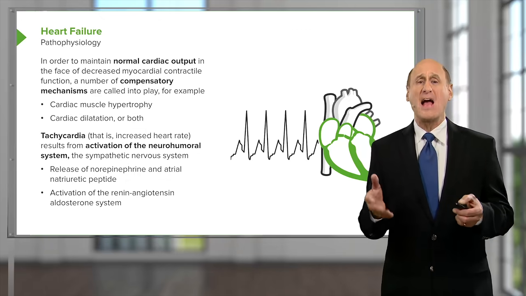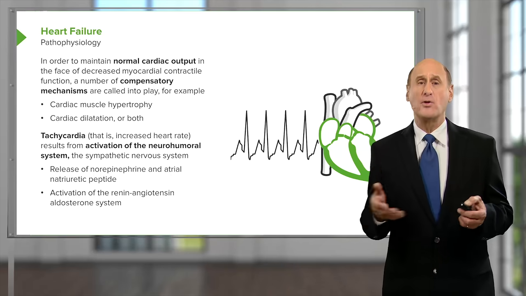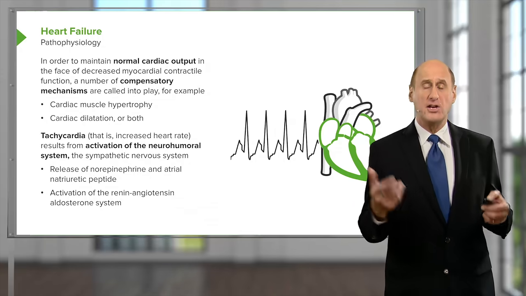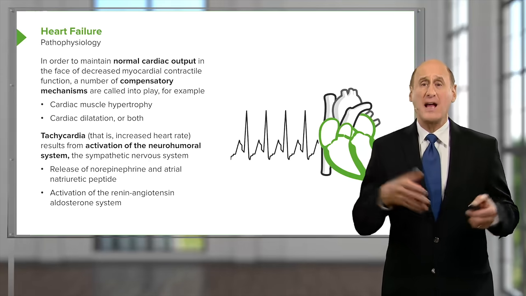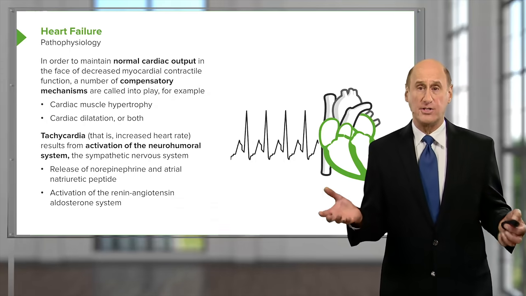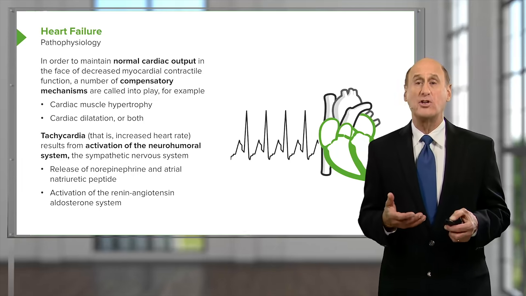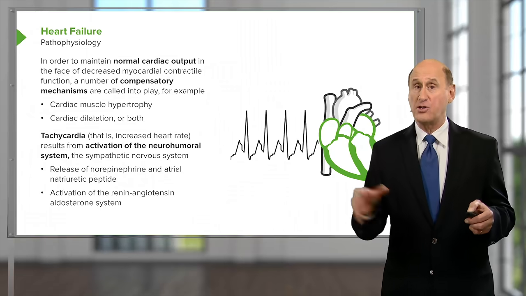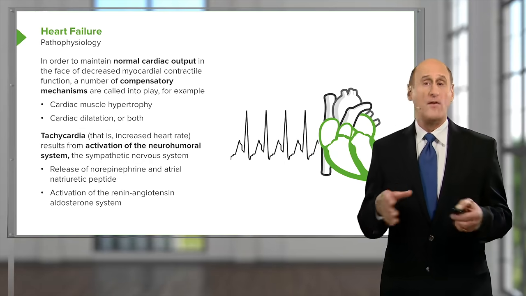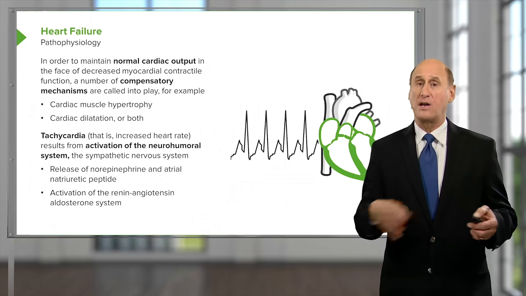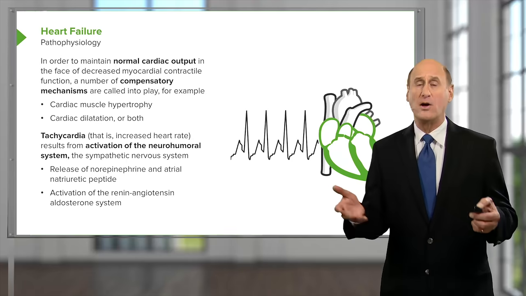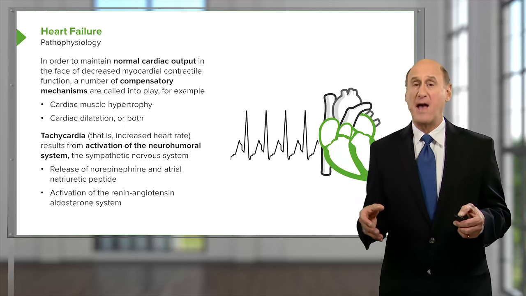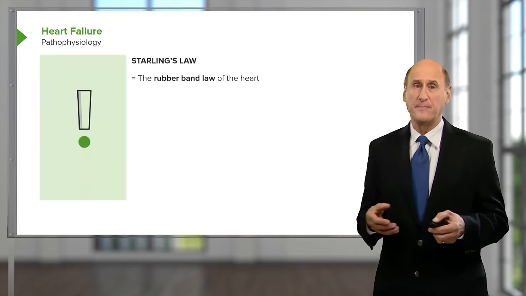So the activation of the neurohumoral system, that is central nervous system initiated activity to correct the heart failure situation, actually makes the situation worse. These systems work great if there's dehydration, you're caught in the desert without water. They work great if there's a hemorrhage, you've been cut somewhere, or you're bleeding from an ulcer in your stomach. But they work, unfortunately, in a negative manner in the patient with heart failure.